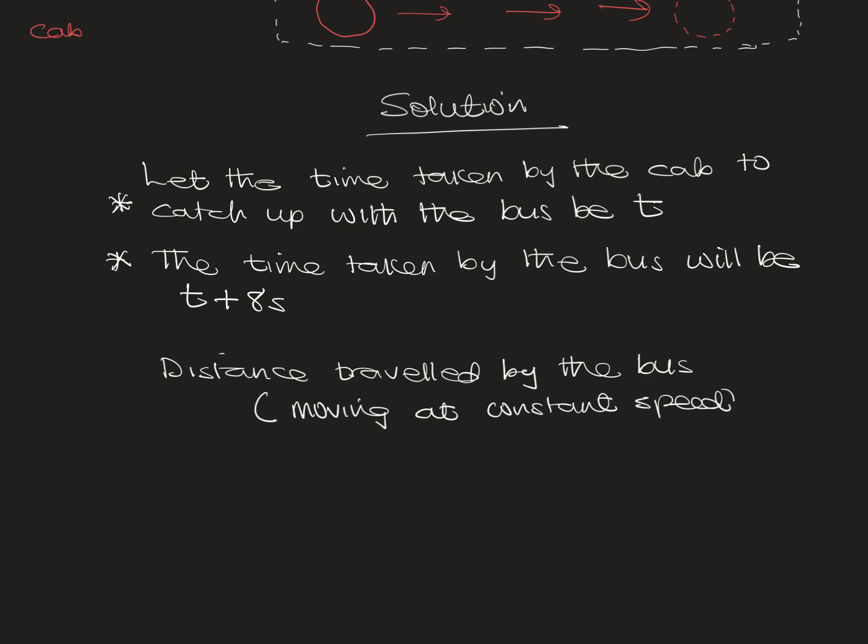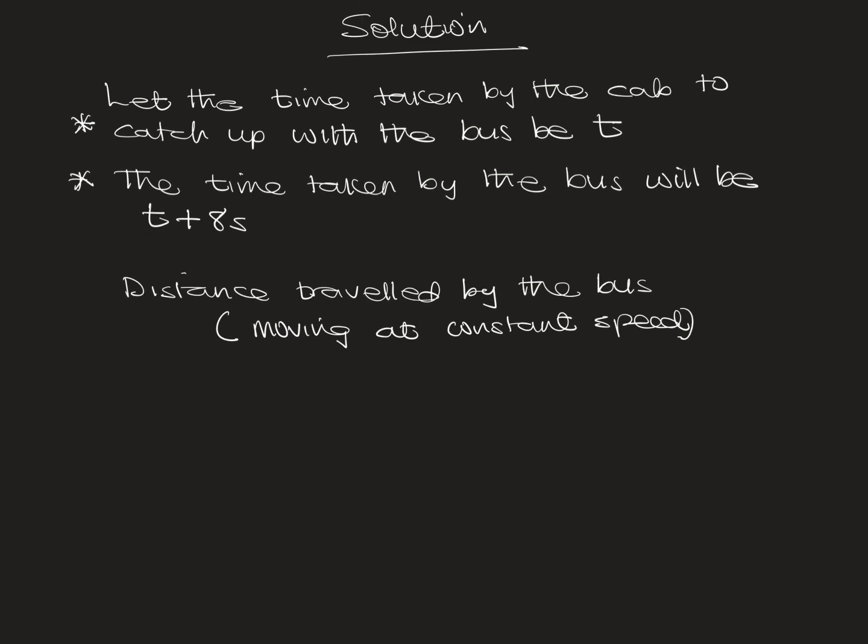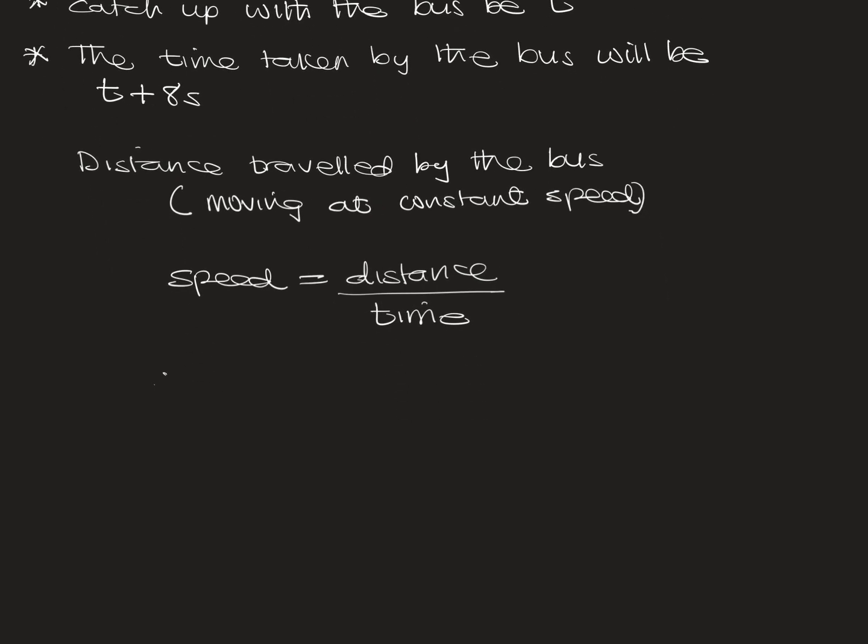So if a body is moving at a constant speed, the formula for speed is equal to distance over time. So therefore, distance is equal to speed times time. Then if distance is s, we can say s is equal to v, which is the speed, times t.